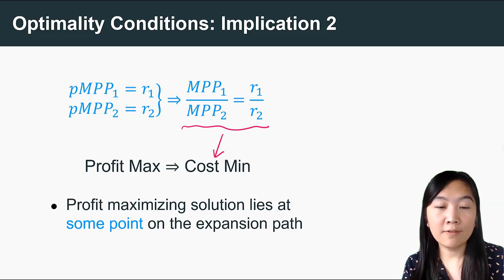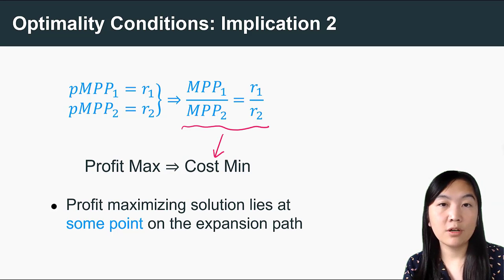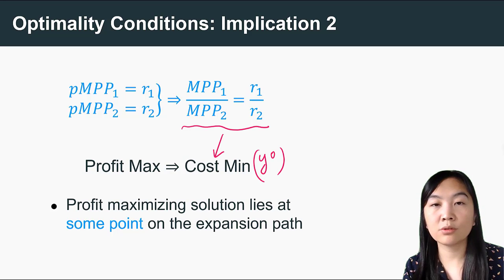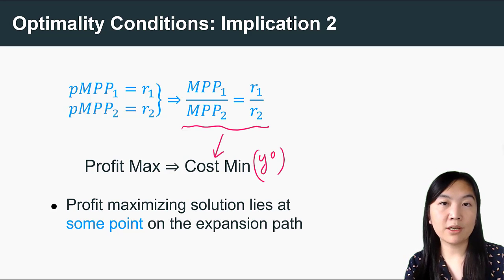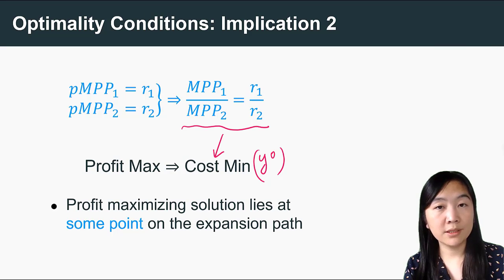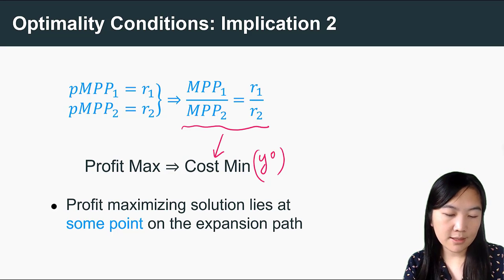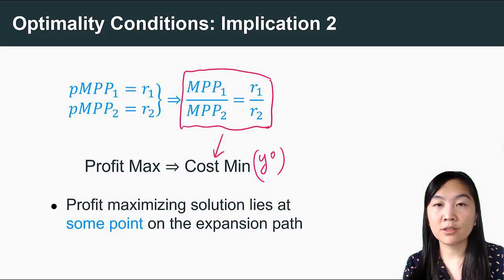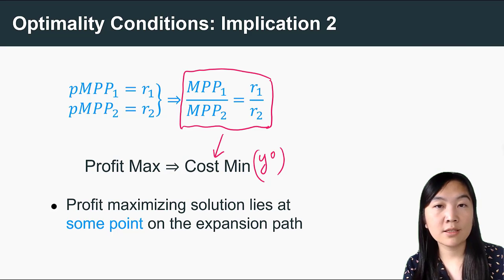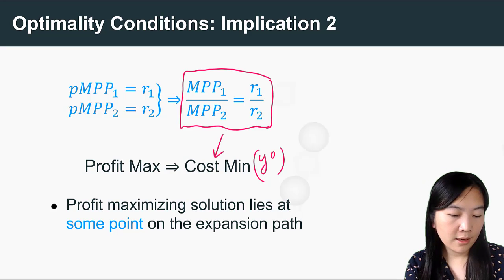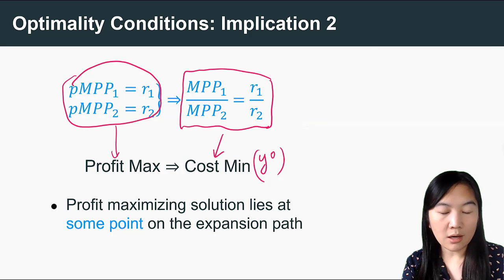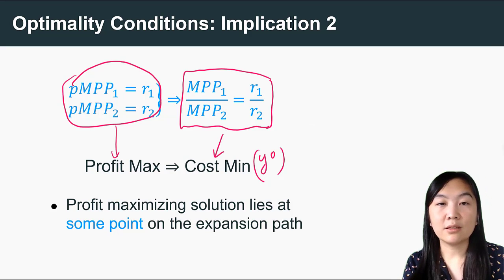So if you're given a particular level of output, and remember we use Y0 to represent a given output, then this is the condition where you can minimize your cost, or this is the condition for the cost-minimizing combination of inputs. And these 2 conditions are the profit maximization condition.